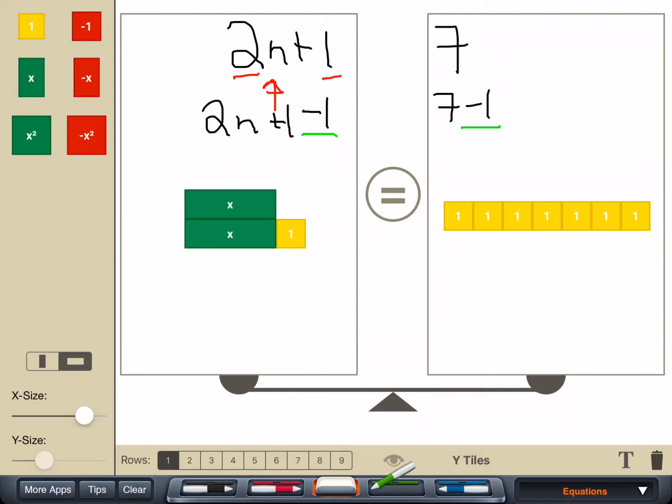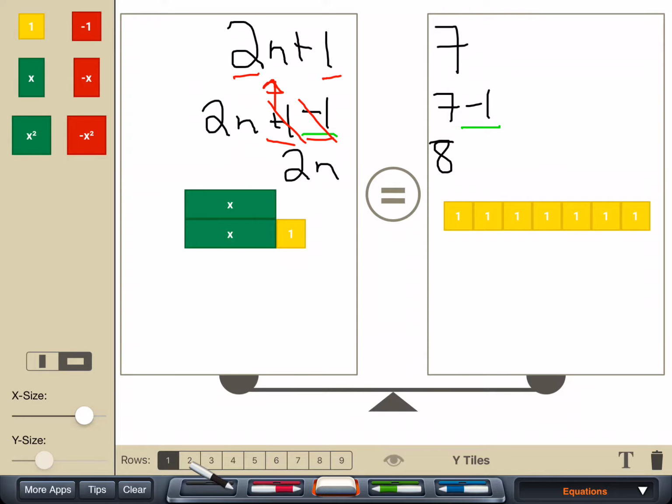Now I need to simplify this in my next step here. So 2n plus 1 minus 1 sort of cancel each other out. The plus 1 and negative 1 make a 0 pair, so I can just cancel them out. Okay, and down here I'm going to have 2n, and it's going to equal 8.